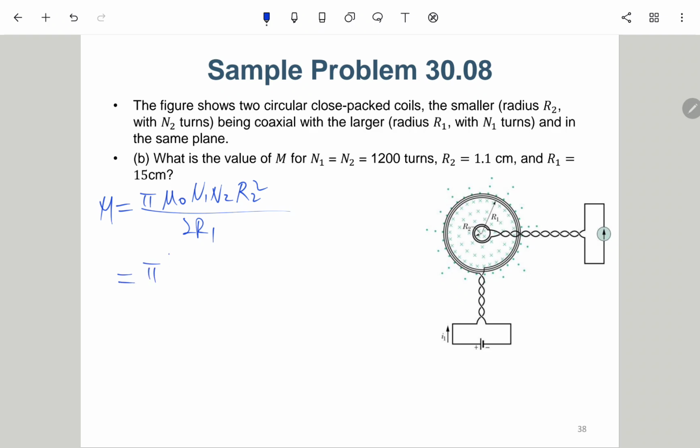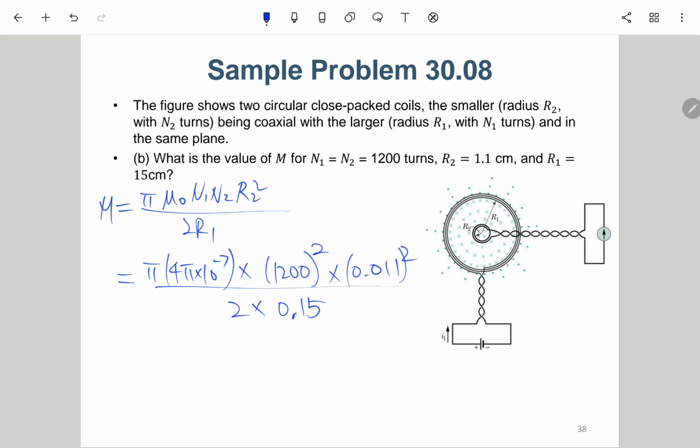So this is pi, and then 4 pi times 10 to negative 7, and then N1 and N2 are all 1,200, and then R2 is 0.011 squared over 2 times R1, which is 0.15, like this. So the answer will be 2.29 millihenry.